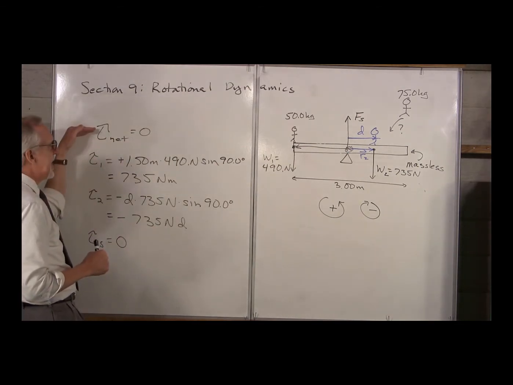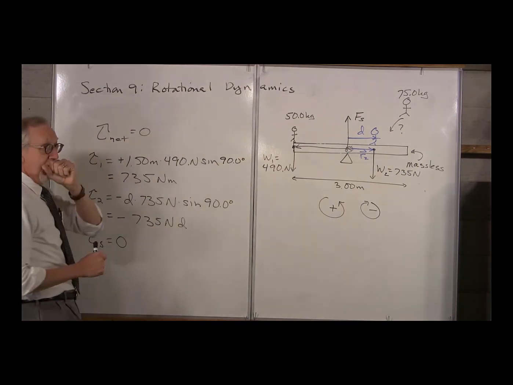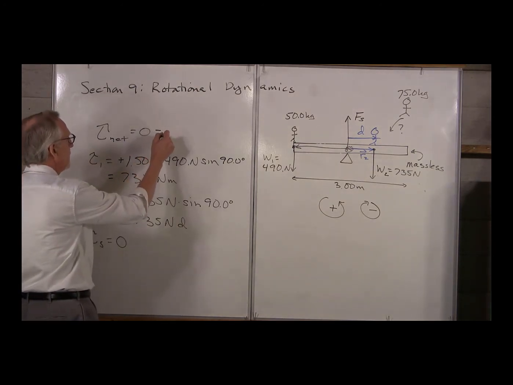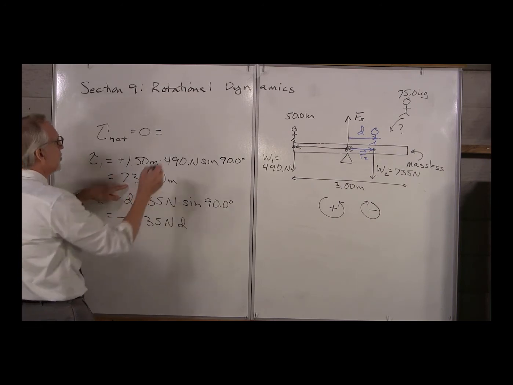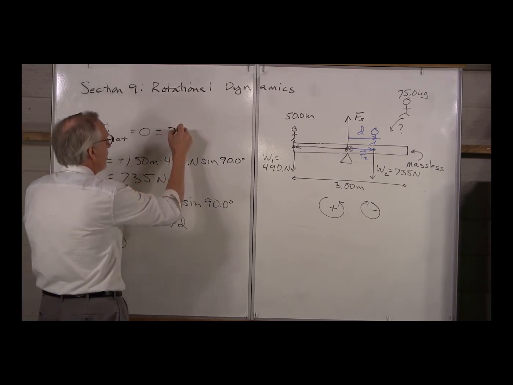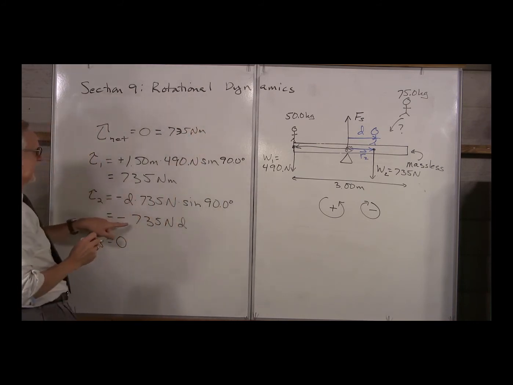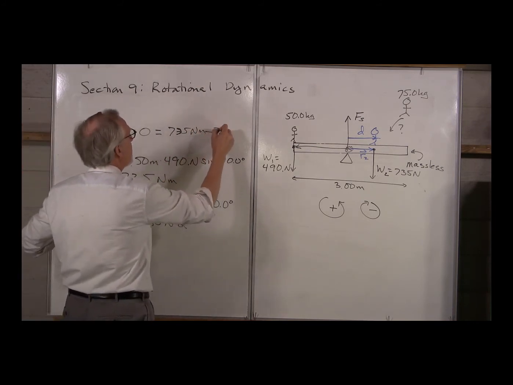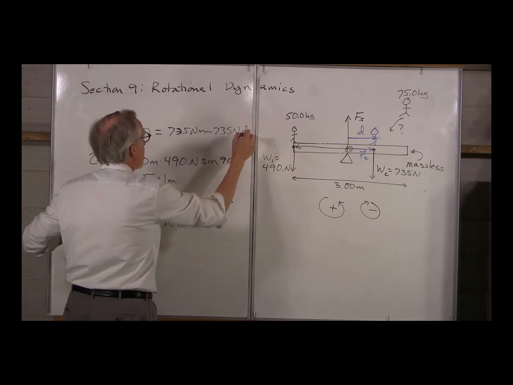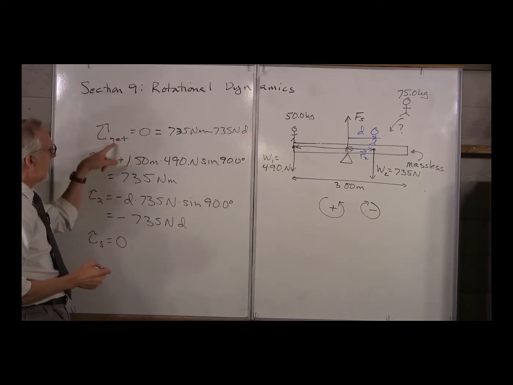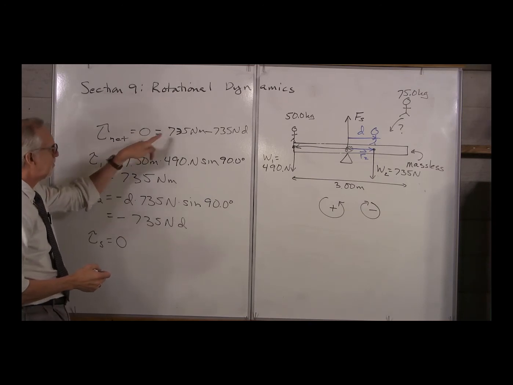What we know is the net torque must be 0. So let's add these up. What do we have? The net torque must be our first torque, 735 Newton meters, plus the second torque, which is minus 735 newtons times d, plus the third torque, which is 0, must equal our total net torque, which is 0.